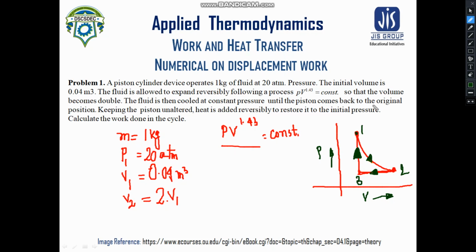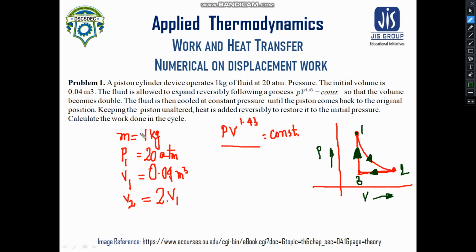So we need to calculate the work done for process 1 to 2 and process 2 to 3. So these two tasks have been given to us, and when we have found the work done by the first process, that is process 1 to 2, and the second one, process 2 to 3, we need to sum it up so that we can calculate the total work done.